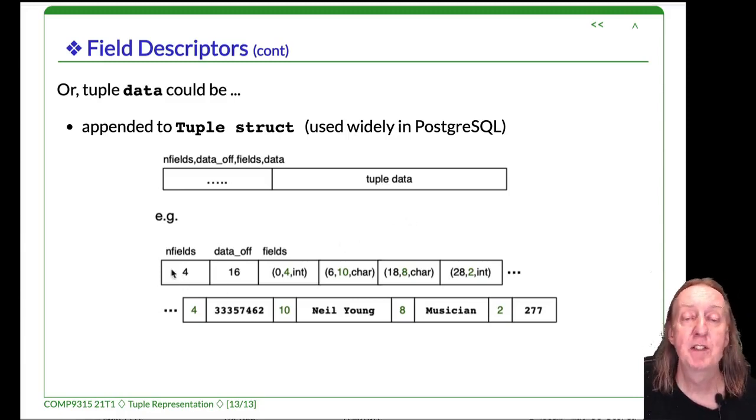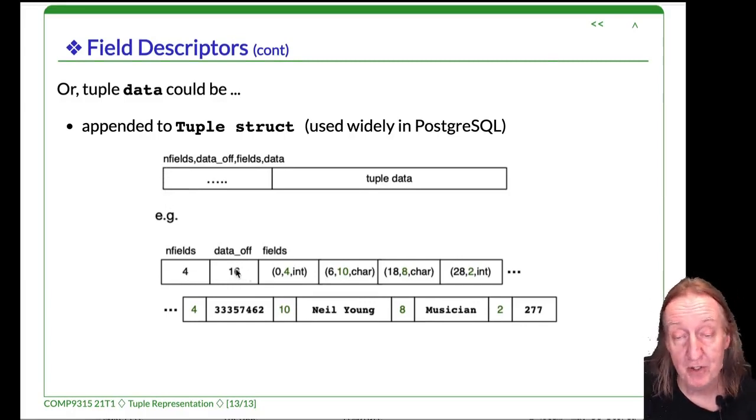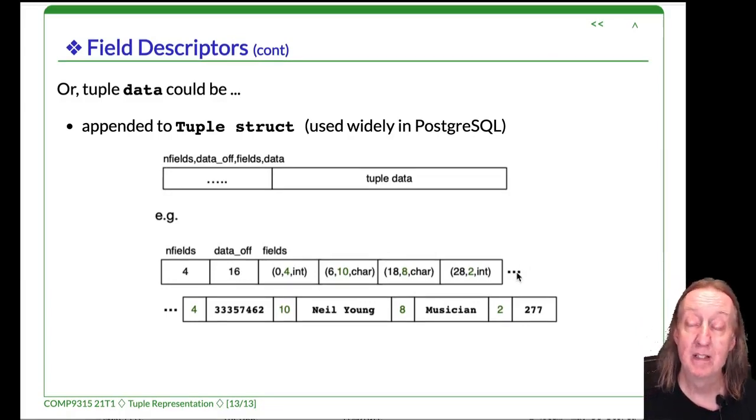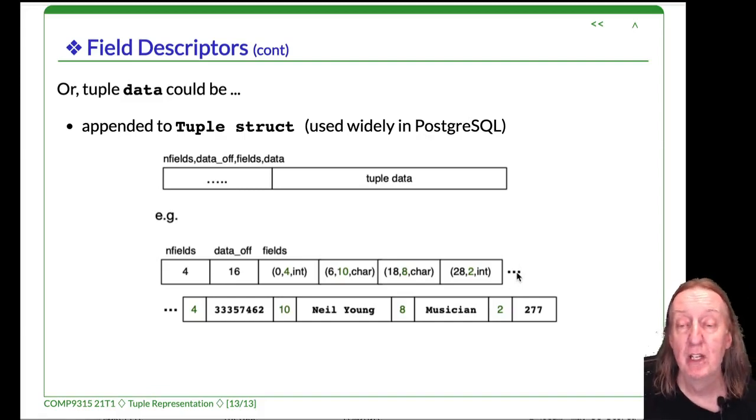Alright, so here's the same kind of information. In this case, the starting point for the data is actually offset 16 from the start of the field. In the previous example, the 16 took us to a pointer which pointed into a buffer page, and that's where we would find this information. But now what we've decided to do is append it.